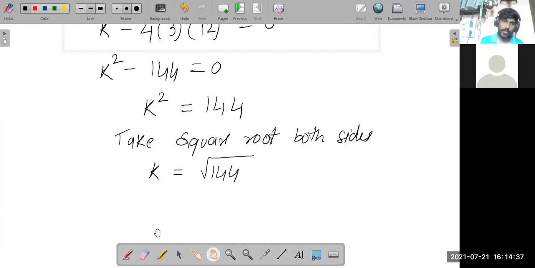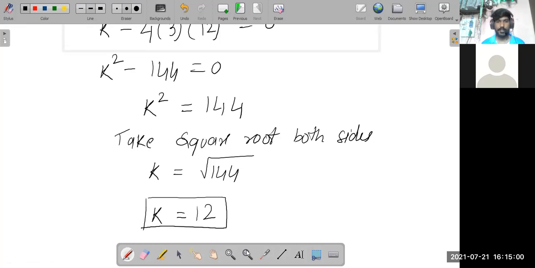What is the square root of 144? 12. So the value of k in this first sum is 12.